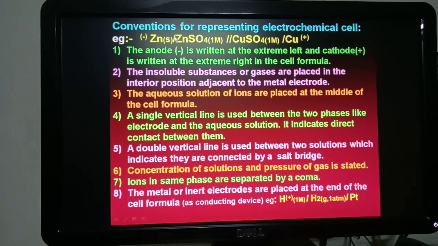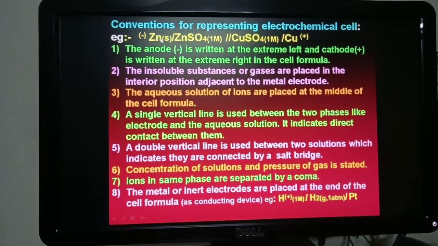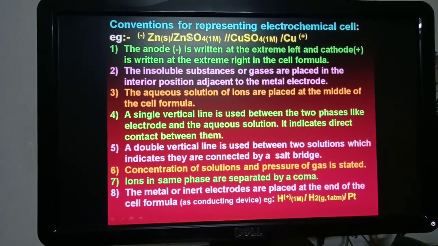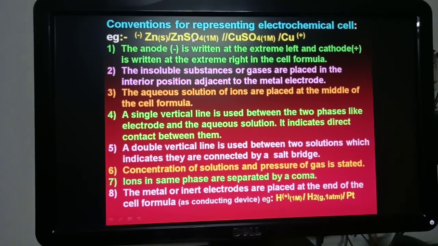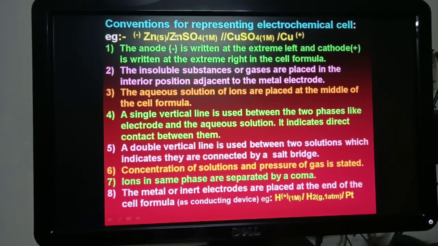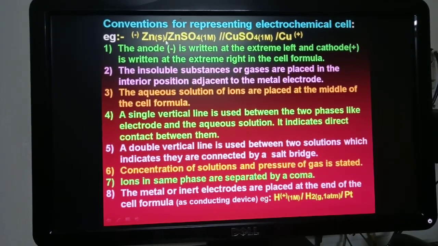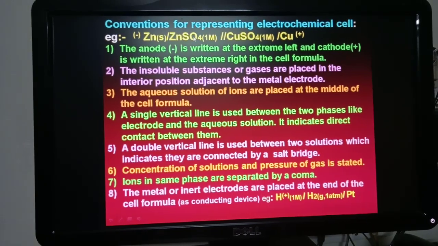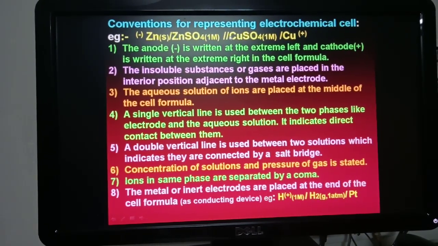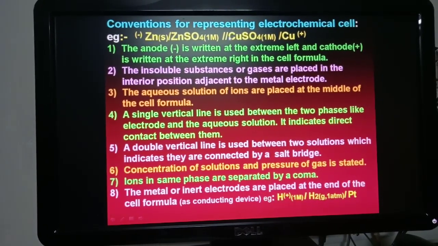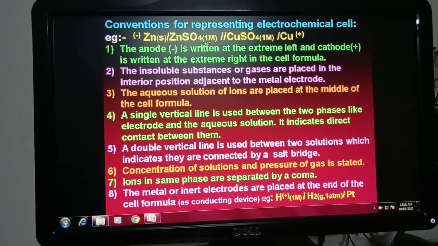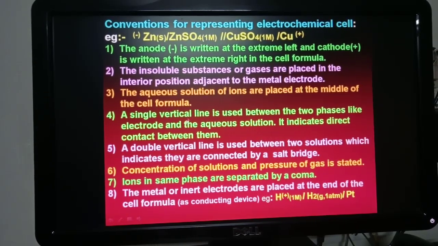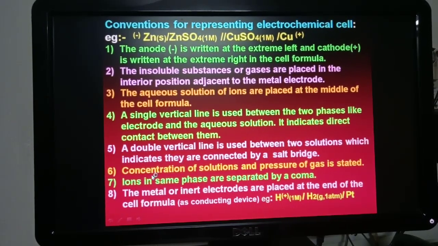A single vertical line is used between two phases, that is the electrode and the aqueous solution, which indicates direct contact between them. A double vertical line is used between the two electrolytic solutions, which indicates they are connected by a salt bridge. That means there is indirect contact between these electrolytes.